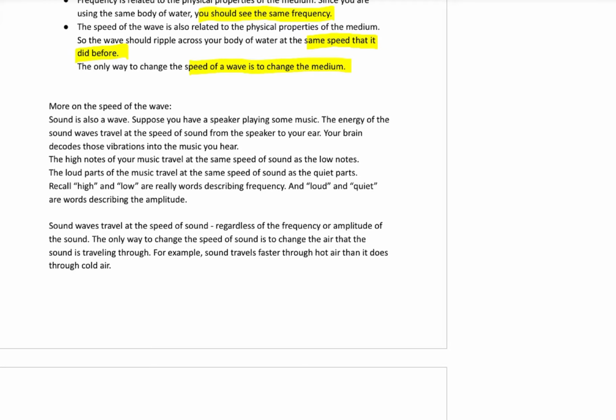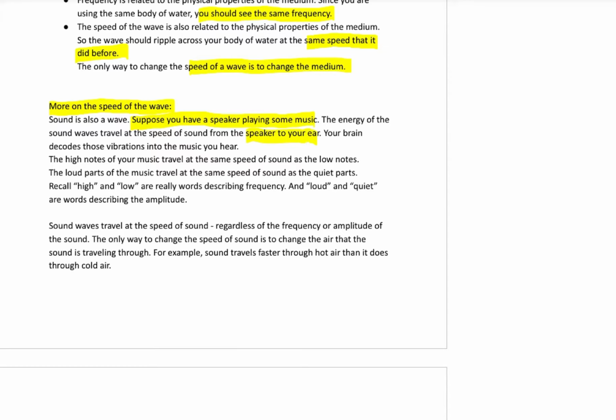Kind of connected to that, setting up what we're going to do soon, we're going to start talking about sound waves. The speed of a wave is connected to a medium, not connected to the frequency. So if we have a speaker playing some music, the energy from the speaker, those sound waves, are going to travel from the speaker to your ear.